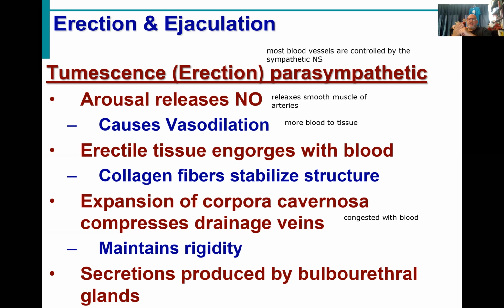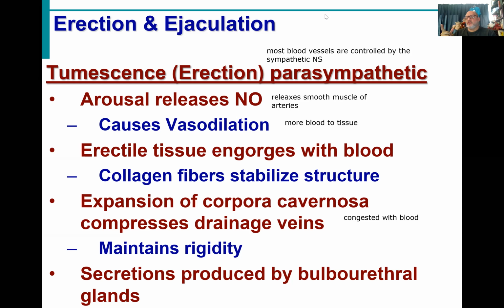And I make a point of emphasizing this because these three same things occur in the arousal of a female as well. Remember, the bulbourethral glands produce that pre-ejaculate that we talked about. It is thick, it is viscous, it is clear, mucousy. And its job, remember, is to neutralize the acidity of the urethra and produce lubrication for insertion into the vagina.